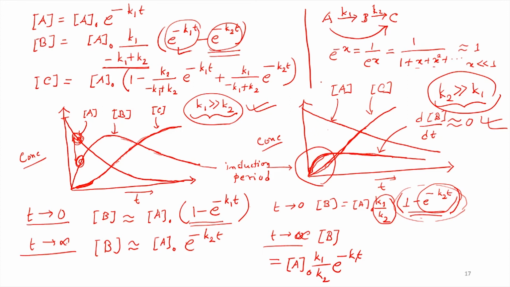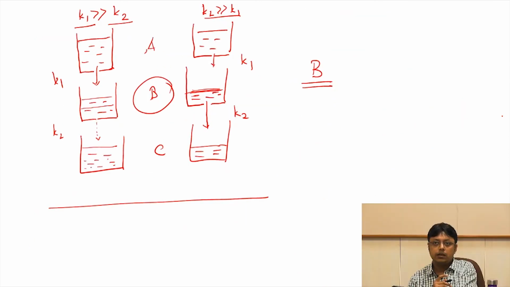The kinetics of the intermediate is very important, where we can understand how the intermediate varies with respect to time. And we see that under conditions where the first rate constant is larger than the second, or the second is larger than the first, we can have very different situations.